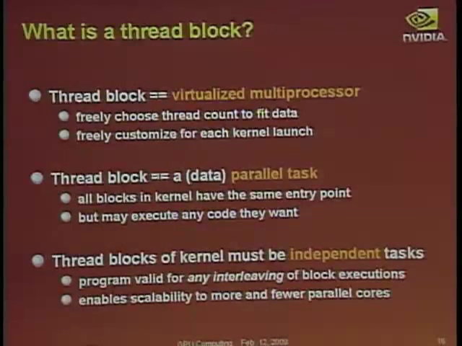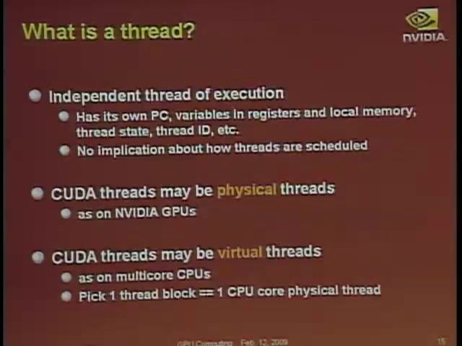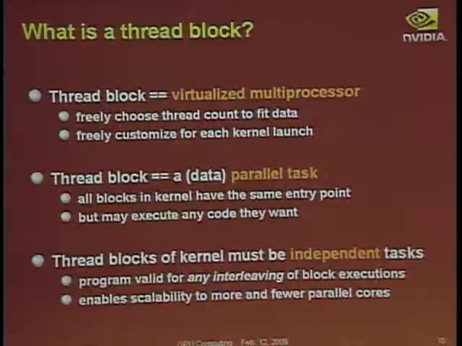Well, okay. So a thread block is like a virtualized processor, or really like a multiprocessor, because a thread block is a bunch of threads. You've declared as the programmer that you want to have, let's say, 100 threads in this thread block. So you can think of it as a virtualized multiprocessor with 100 processor cores in it. And you can think of them all as running in parallel. Okay.